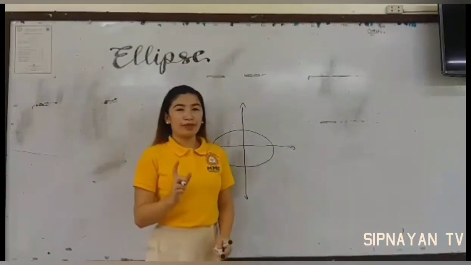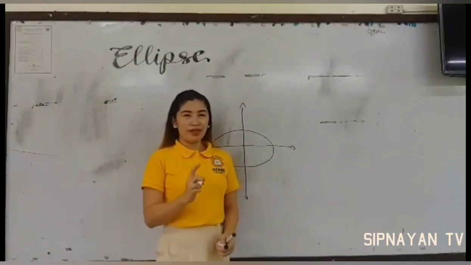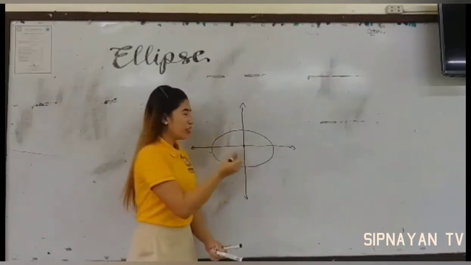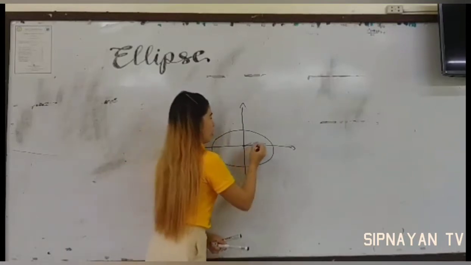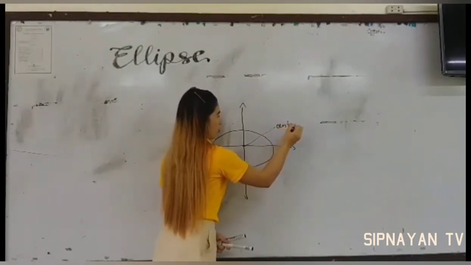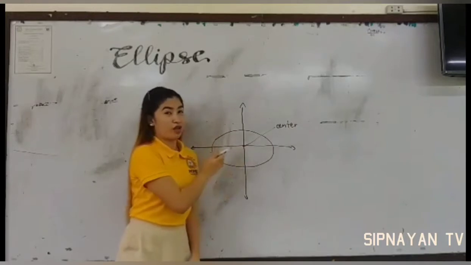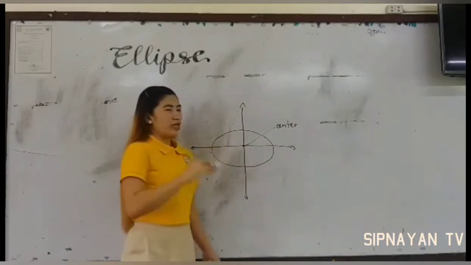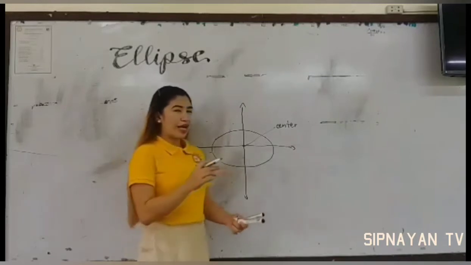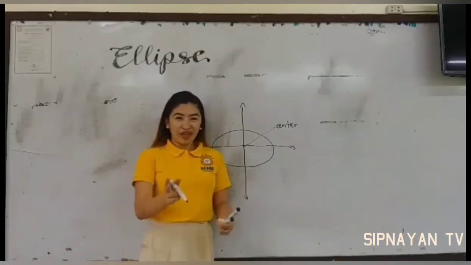One of the properties of an ellipse is the center. So here, our center is at the origin. So this one is the center. In an ellipse, meron tayong dalawang fixed point.